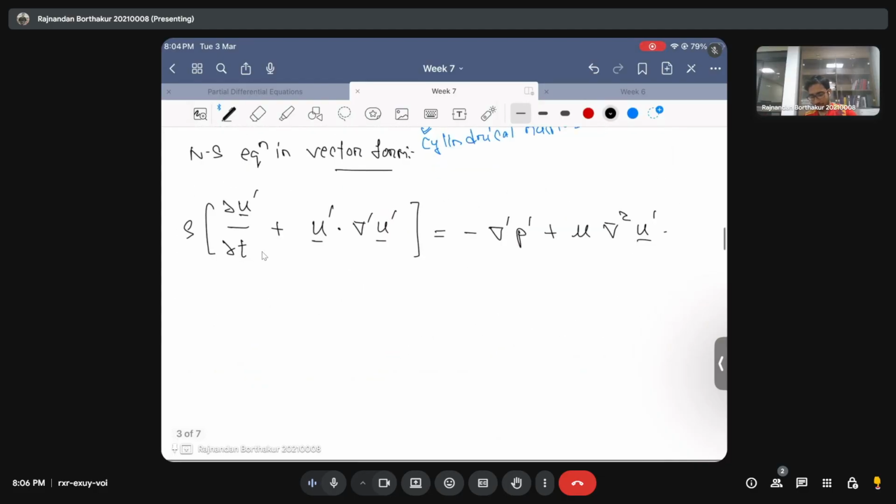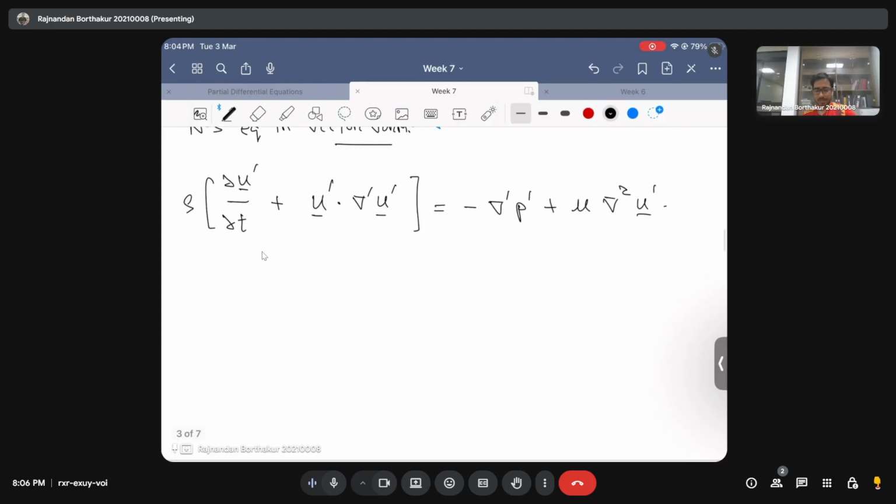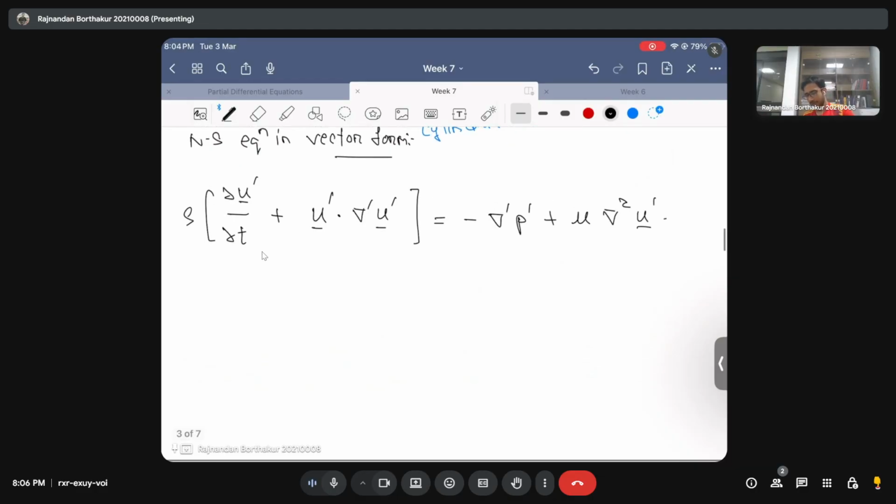Now I believe you are masters of non-dimensionalization after doing several problems. So I can pick a non-dimensional velocity vector field u, which is equal to u prime by uc, where uc is the characteristic velocity.